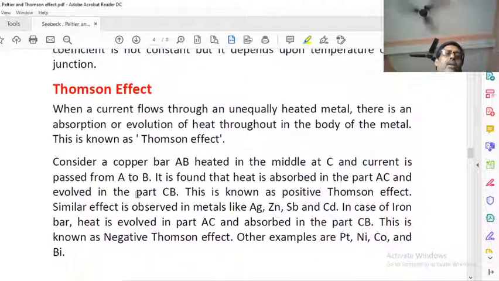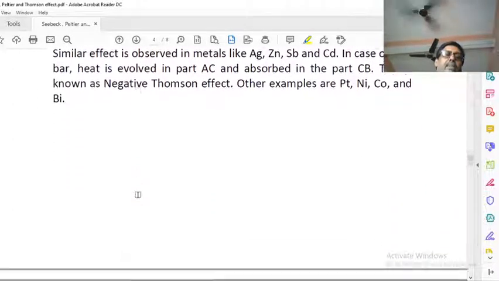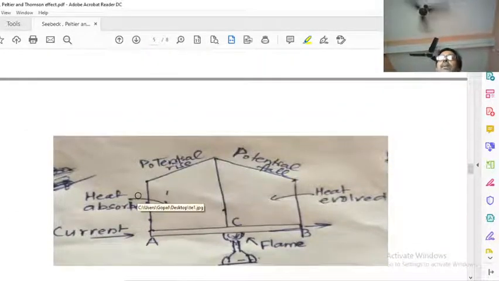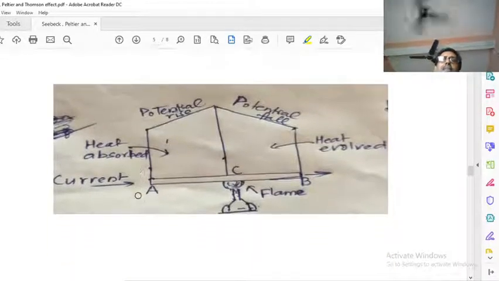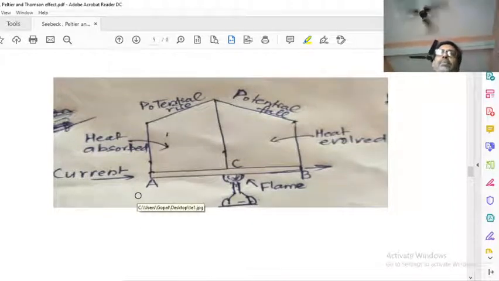Now the Thomson effect. It is also interesting. In Seebeck, we saw that heat is given, a temperature difference is maintained, and electricity is produced. In Peltier, current is passed and a temperature difference is produced. Now, Thomson thought, if we maintain both a temperature difference and current, then what would be the result?